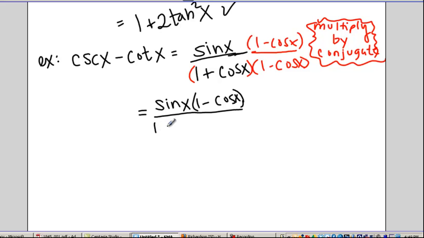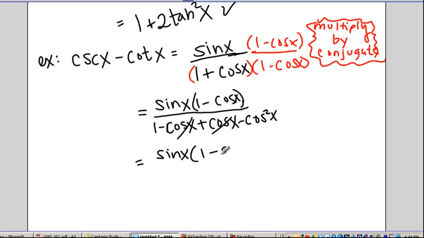Okay, once we FOIL, we get 1 minus cosine of x. Cosine times 1 is positive cosine x, and then we're going to get minus cosine x squared. Cosines cancel. And we get sine x times 1 minus cosine x, all over 1 minus cosine squared of x.